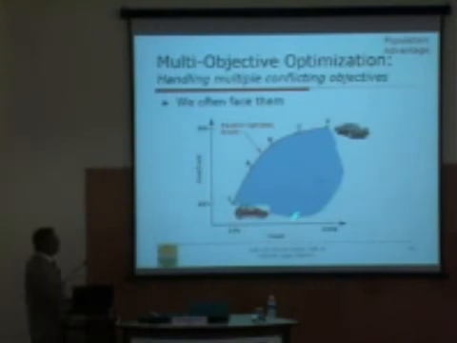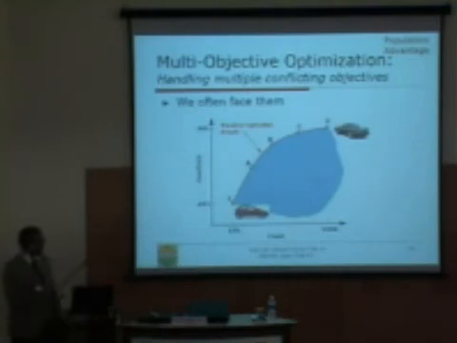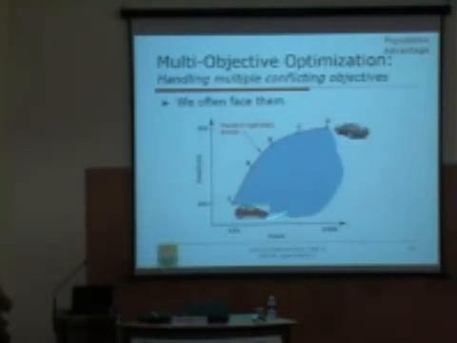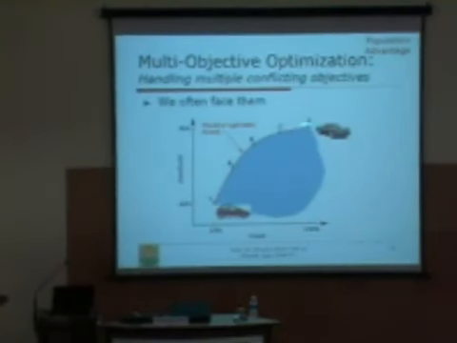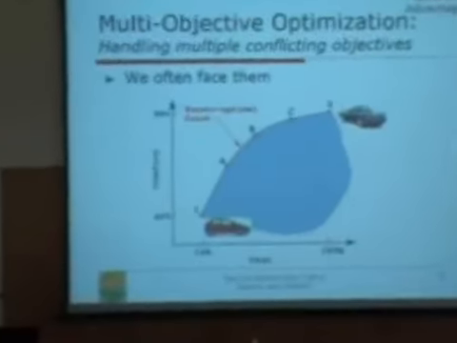What happens in this kind of conflicting goals or conflicting objectives is you end up getting a set of solutions which are all optimal with respect to some trade-offs between these two objectives. Why I say that? Because this could be the whole set of cars that can be produced, and if you pick up any car from it, I can always give you a solution on the red line here, which is better than that in all objectives.